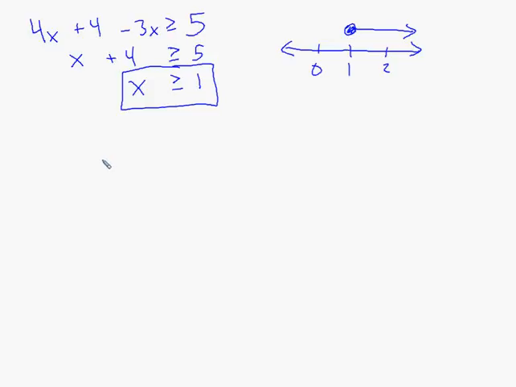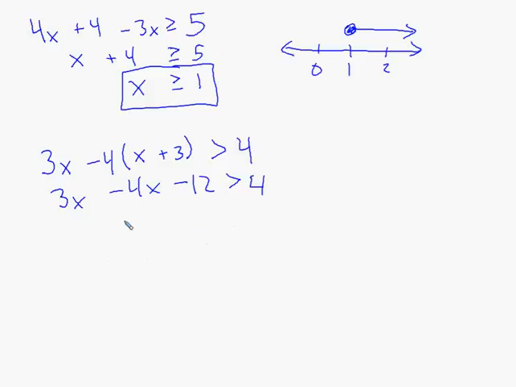Let's say I have something like this. Distribute. Okay, so what do I get? 3x, negative 4x, and plus negative 12, and just negative 12.